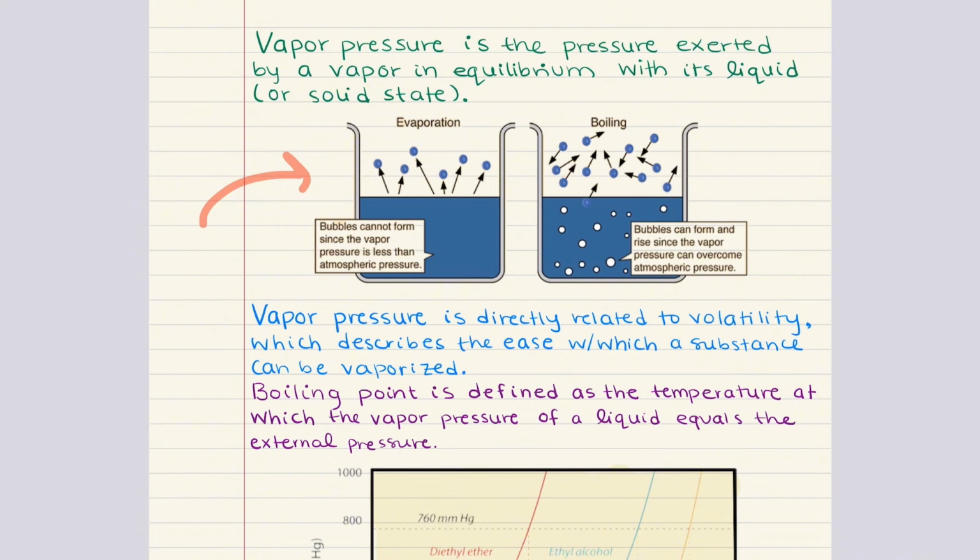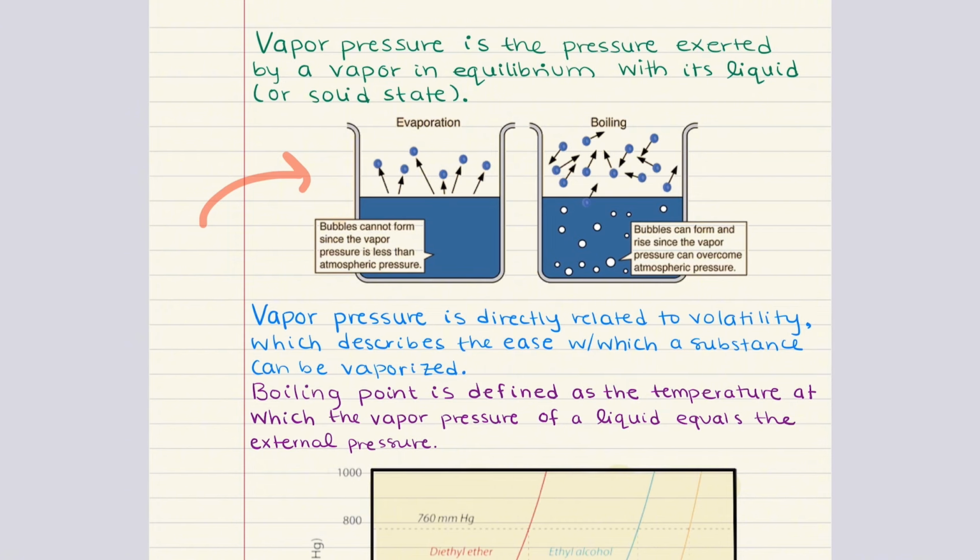Strong intermolecular forces, such as hydrogen bonds, are going to require more energy to overcome, meaning fewer molecules can escape into the vapor phase at a given temperature. As a result, substances with strong intermolecular forces have lower vapor pressures.